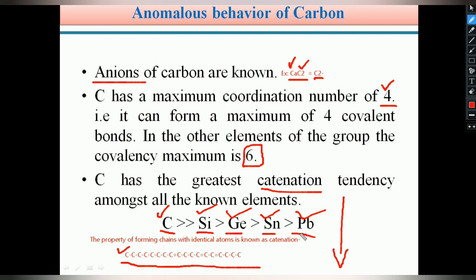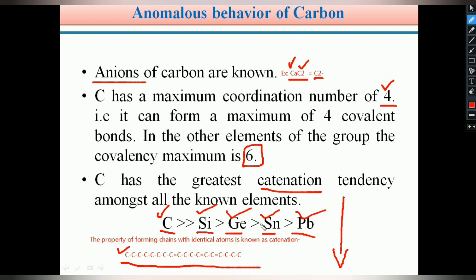Going down the group, this catenation capacity decreases. Lead has no catenation capacity. Silicon, germanium, tin and lead do not have the ability to form a double bond with other identical atoms.